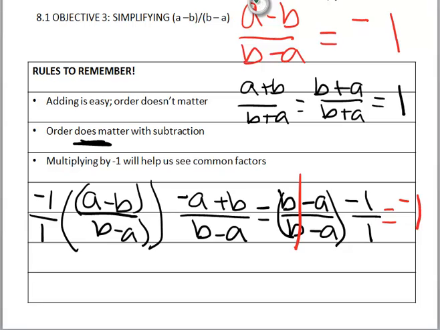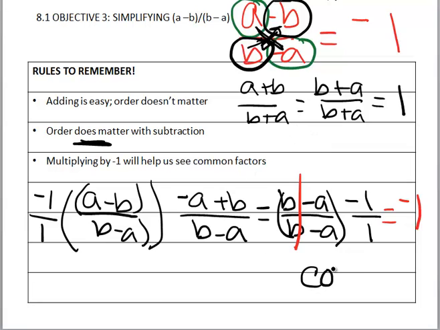In the numerator, you're looking for positive, and the same term in the denominator as the negative. You're looking for a negative in the numerator and a positive there, and they have to be diagonal. Crisscross applesauce makes -1.